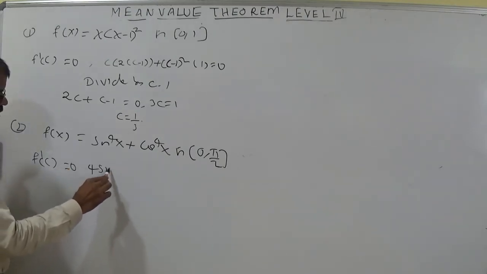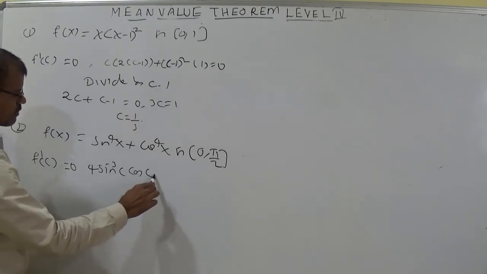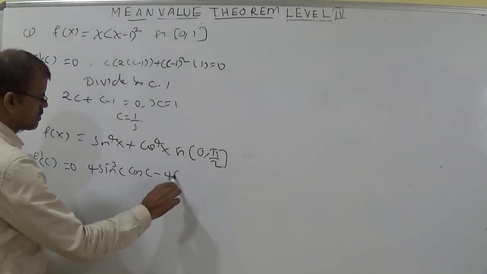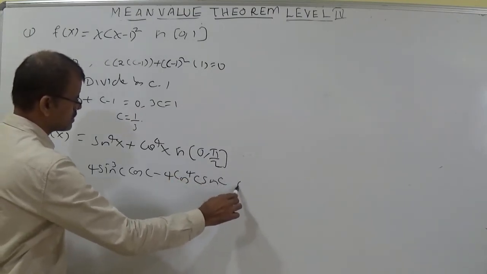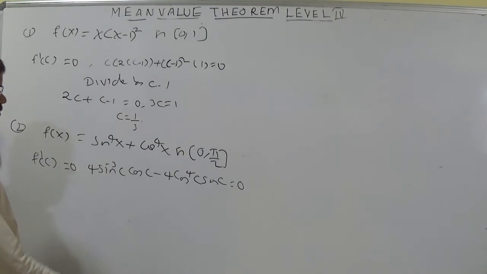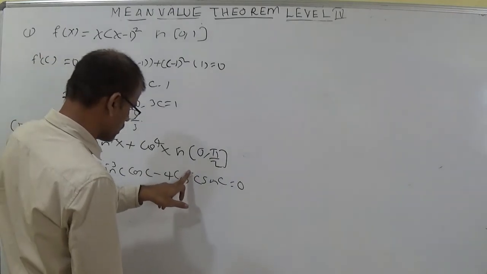Sin power 4x derivative is 4 sin cube c into the internal derivative cos c. This is minus 4 cos cube c into sin c is equal to 0. Minus cos x derivative is minus sin x, I had written it like this; this is only cube, minus 4 cos cube c, not 4.